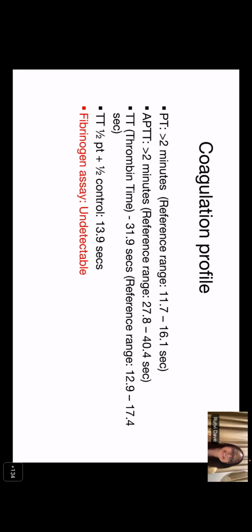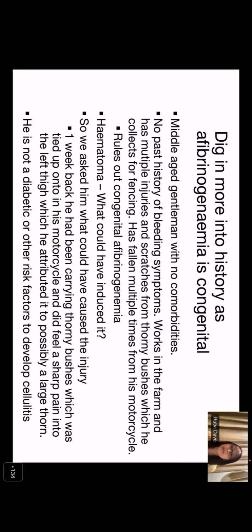Fibrinogen level. Yes. So we did the fibrinogen assay and it showed undetectable levels of fibrinogen. So what are we dealing with? Fibrinogen deficiency. Looks like afibrinogenemia, right? But if you dig more into the history, afibrinogenemia is congenital.